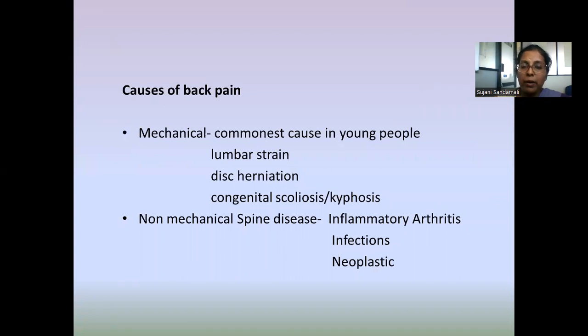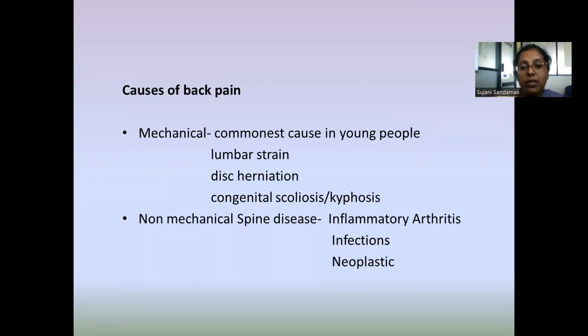The causes of back pain are various. Out of those, the commonest cause among young people is mechanical. Under mechanical also, lumbar strain would be the most common one, followed by causes like disc herniation, trauma related, and congenital disorders like scoliosis or kyphosis.